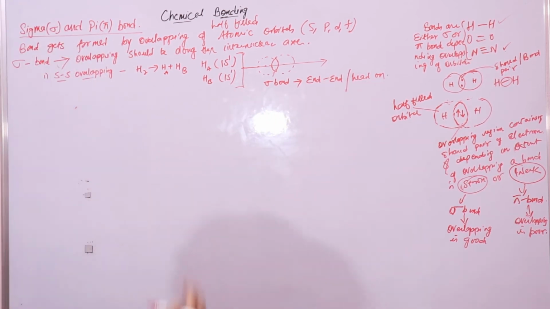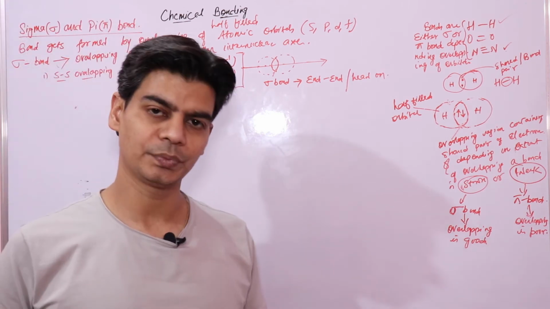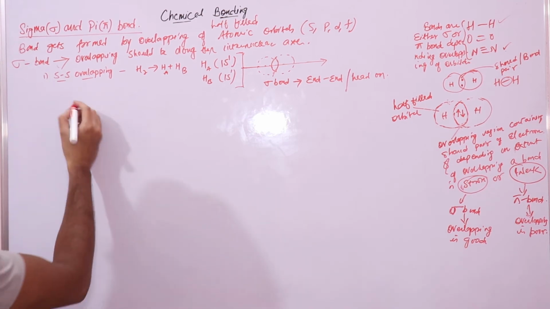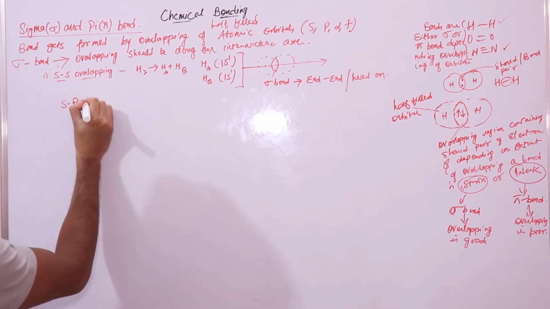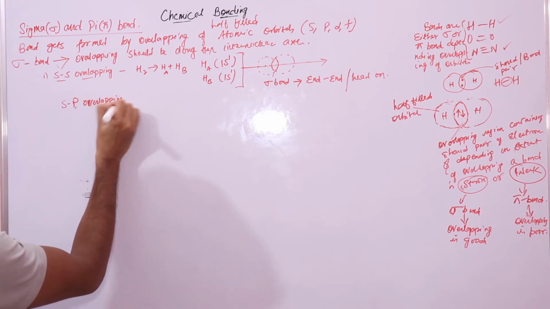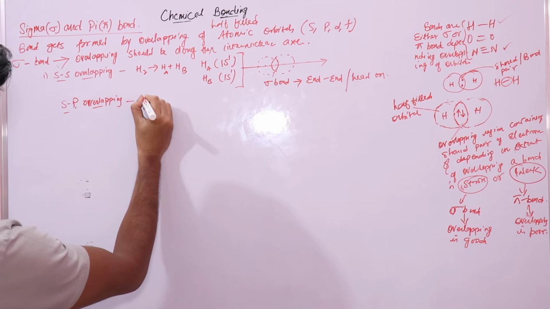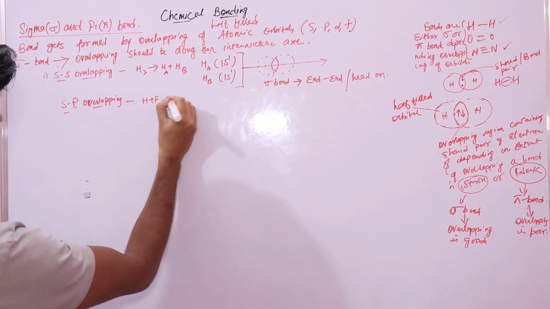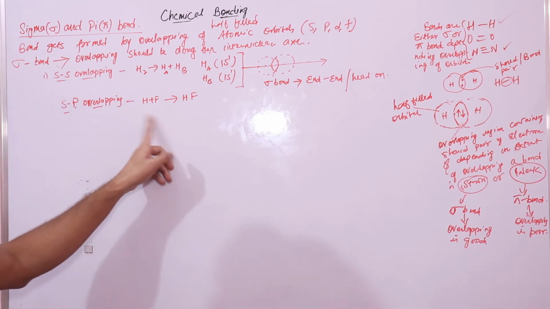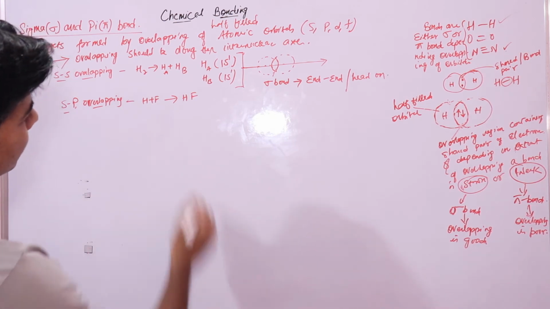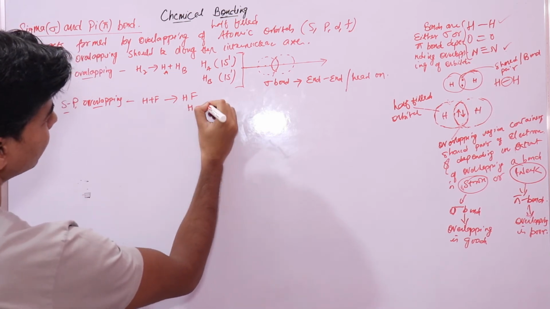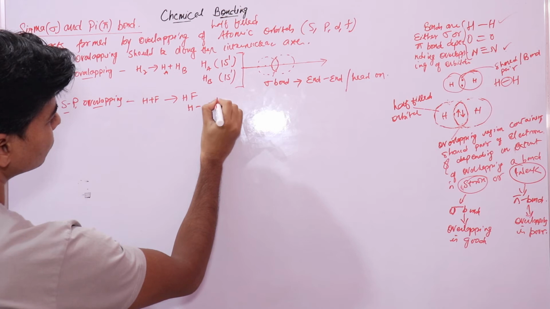Now let's take an example of another overlapping along the internuclear axis. Let's take the example of sp overlapping, the formation of the hydrogen fluoride molecule. Let's see how orbital interaction takes place. For hydrogen, the electronic configuration is 1s1.